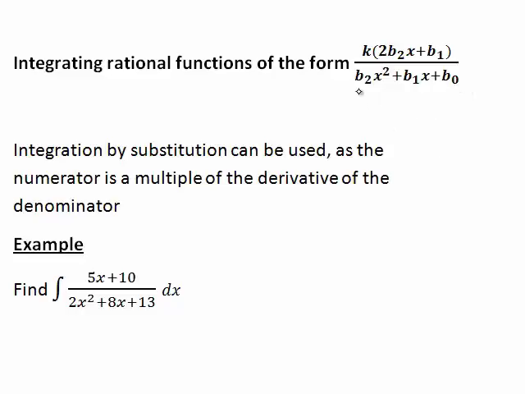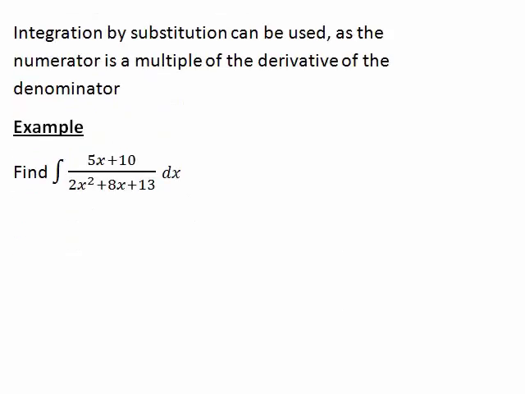That is, if the denominator has form b2x squared plus b1x plus b0, then since the derivative of that is 2b2x plus b1, the numerator will be some constant k times that derivative. And in such a case, we can use integration by substitution to evaluate the integral.